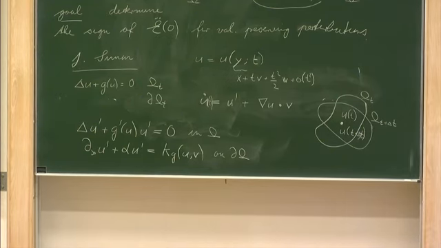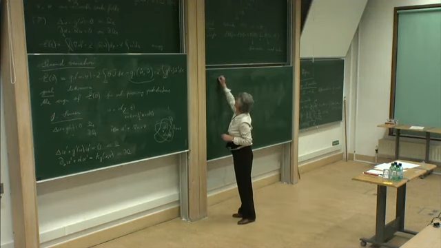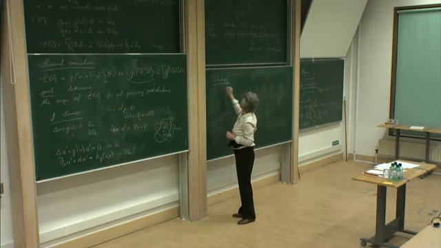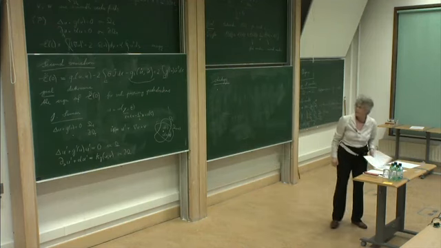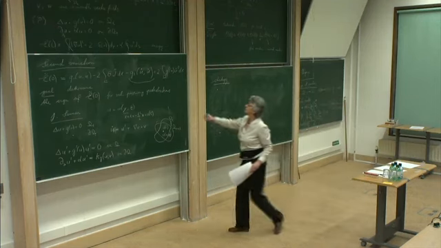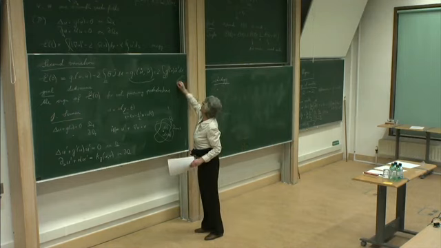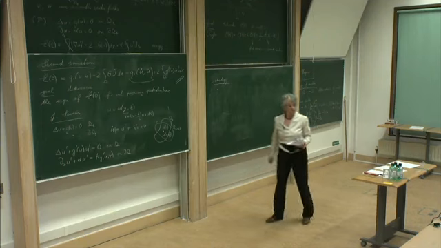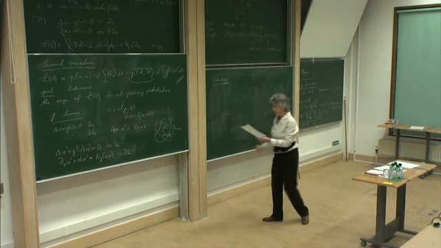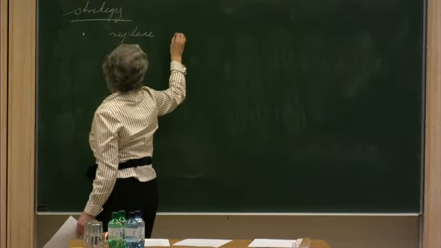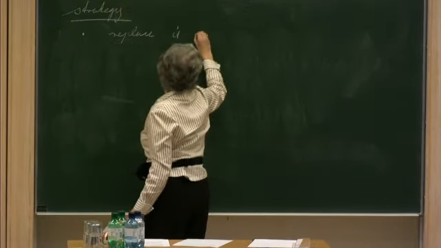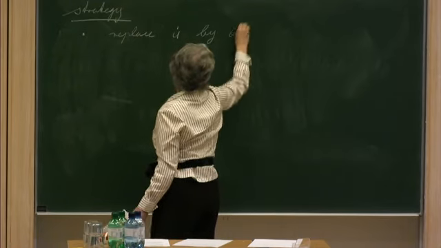So, as I said, to discuss the second variations, which are of this form, first we replace u dot by u prime.